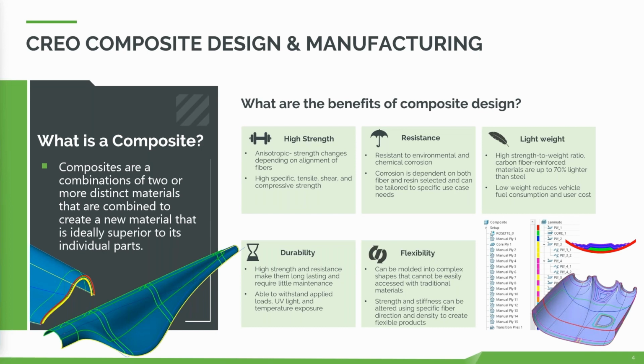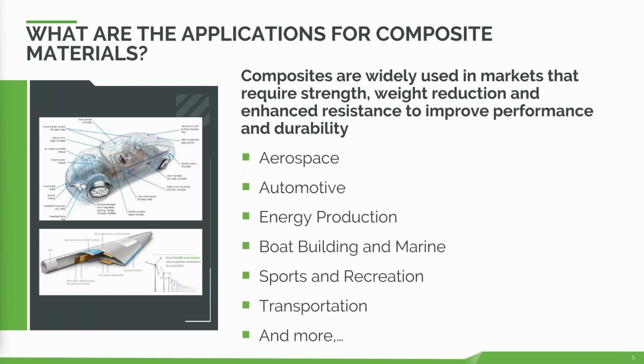They're usually very lightweight, so better for fuel consumption and sustainability. That high strength and resistance makes them durable and long lasting, and there's also the ability to create complex shapes, with the ability to alter strength and stiffness by working with your different fiber directions. So there are lots of benefits to composites, which is why we're seeing them used in more and more industries.